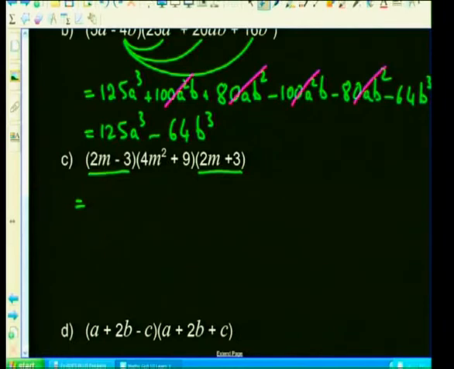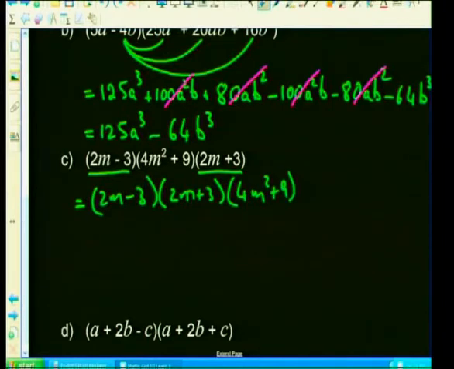Well, number C is quite interesting because I noticed from my grade 9 work a wonderful pattern with those two brackets. So what I'm going to do is I'm going to write those two brackets next to each other first before I multiply out, because that is the difference of two squares.